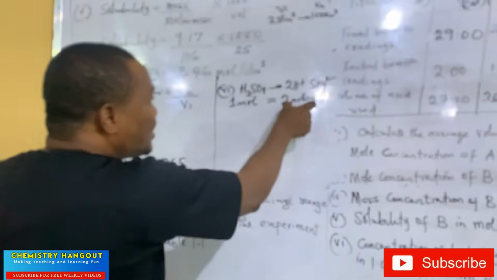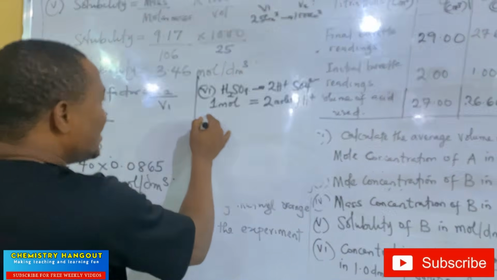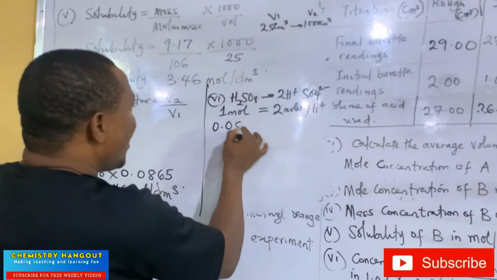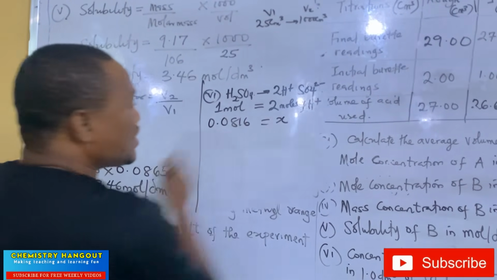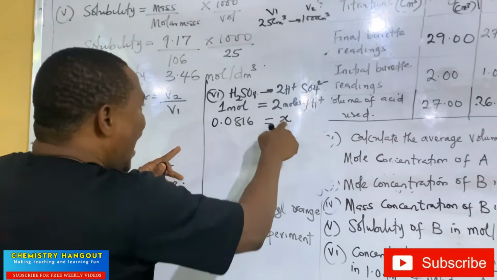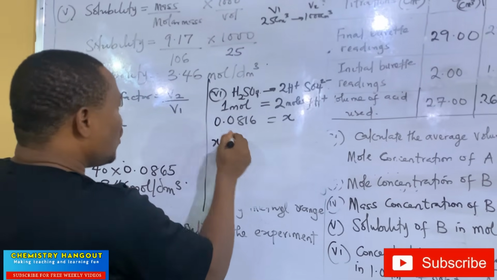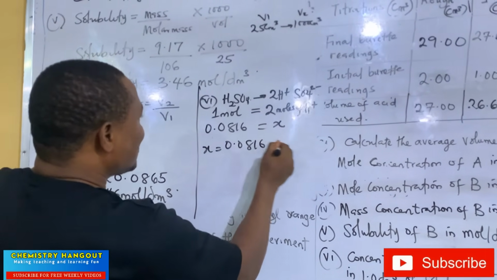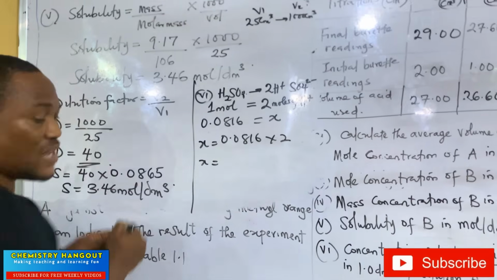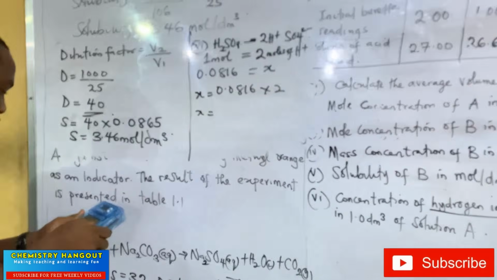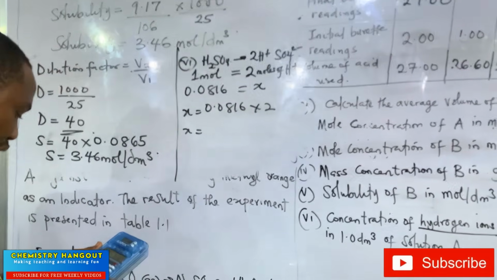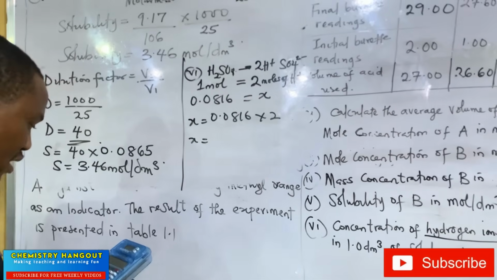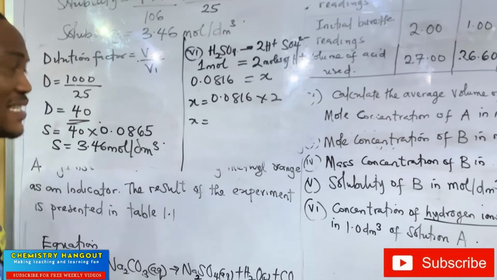From the equation, if 1 mole of this gives 2 moles of this, then 0.0816 will be X. So X is 0.0816 times 2. It's giving us 0.1632.